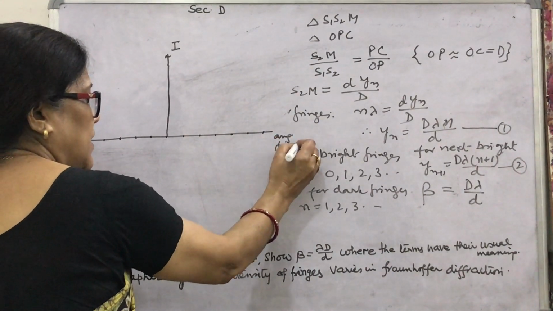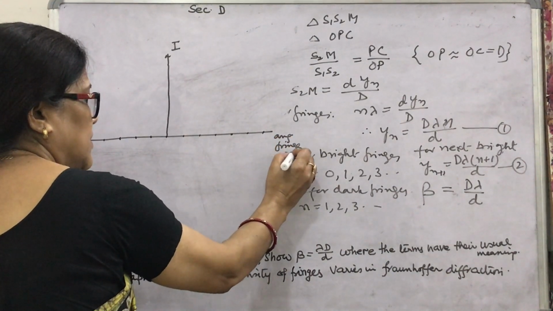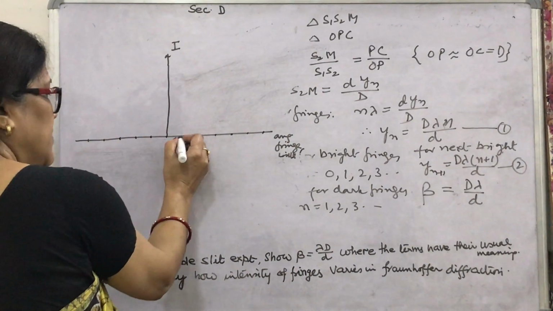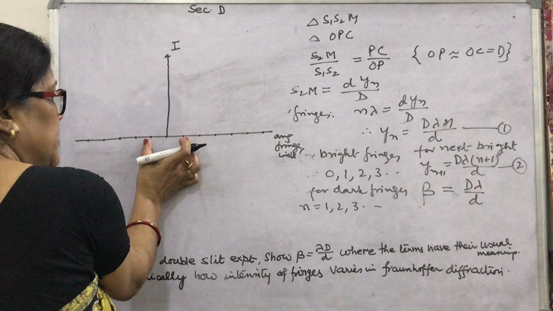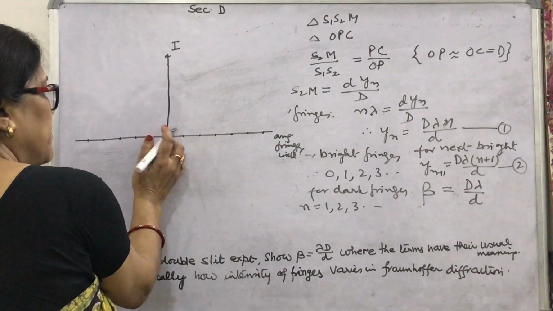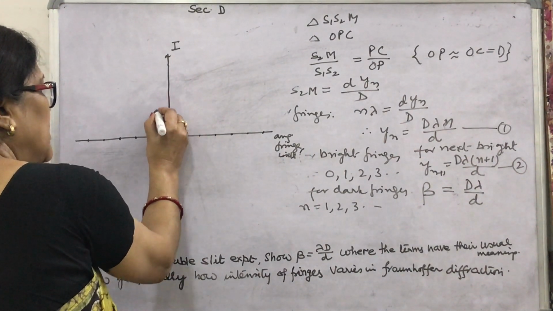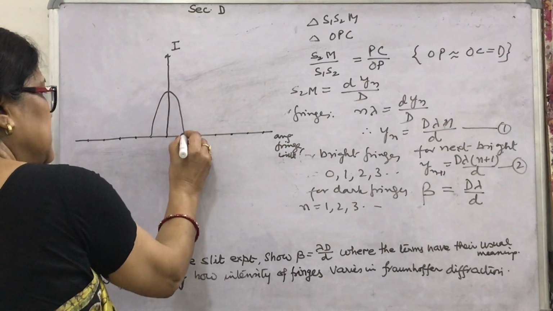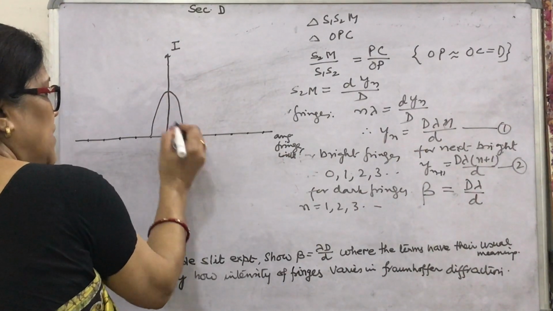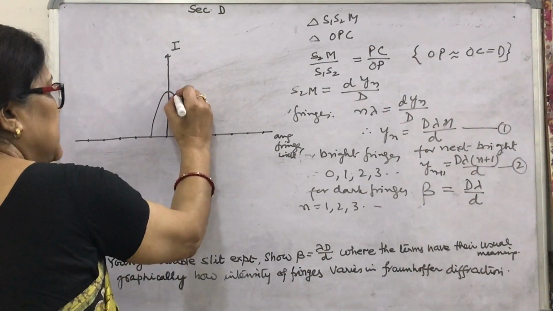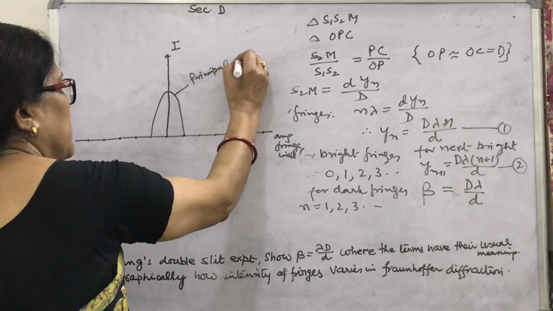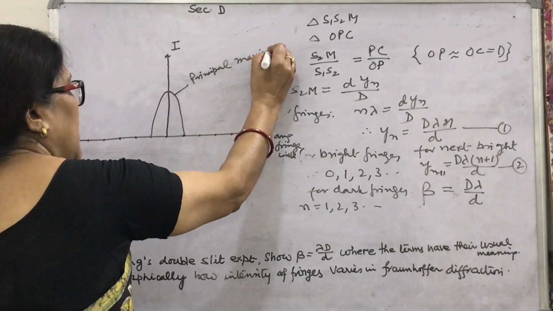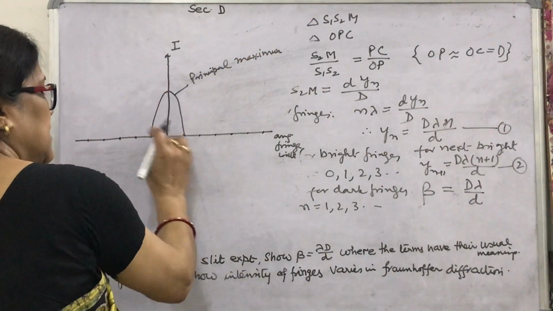Then how will you draw the graph? This is the total fringe width of the central maximum, shown by the principal maximum, with the highest intensity.